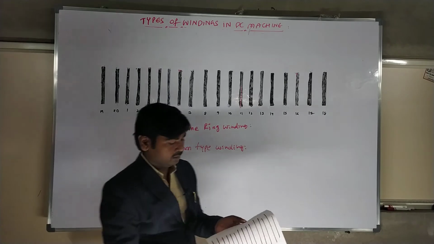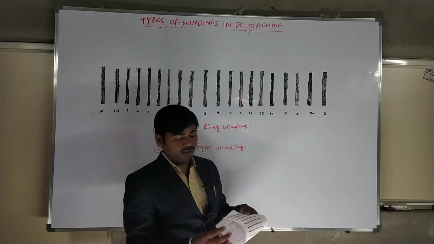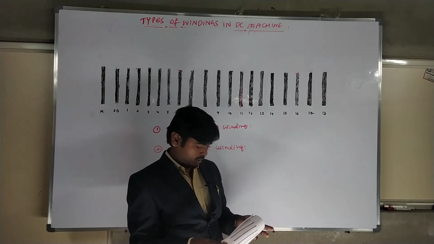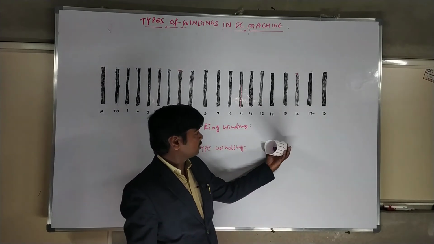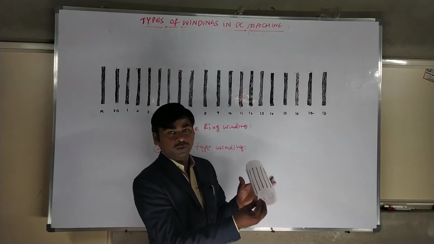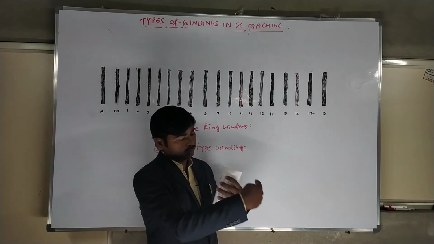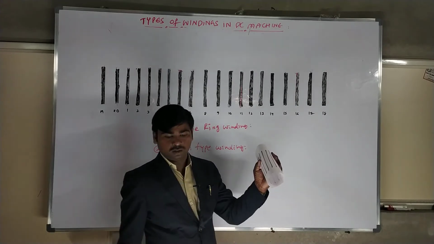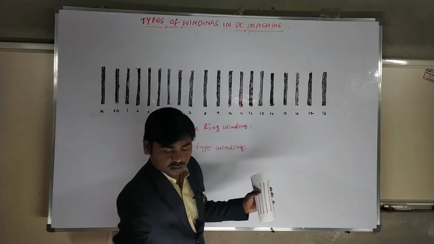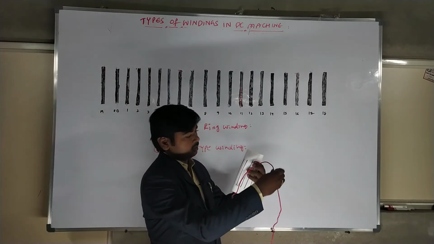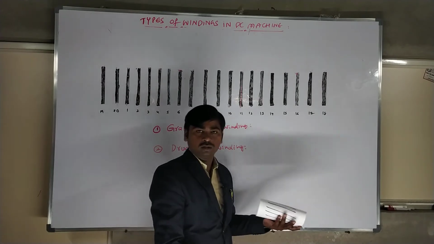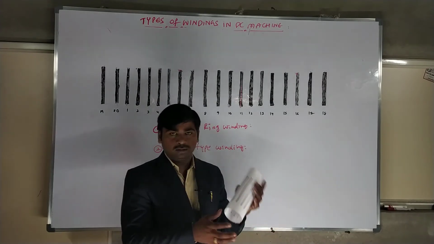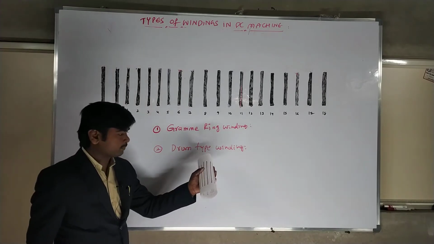Generally you have your rotor body here, and these are your rotor slots. The winding goes only outside. Let us take this as a wire: the wire comes like this, and again like this, only outside. This type of winding is called a drum type winding.